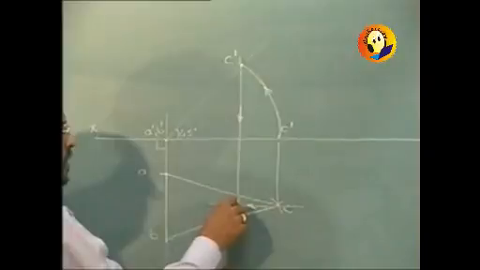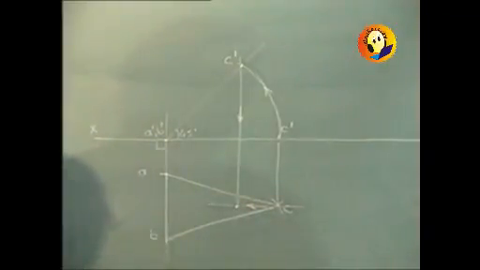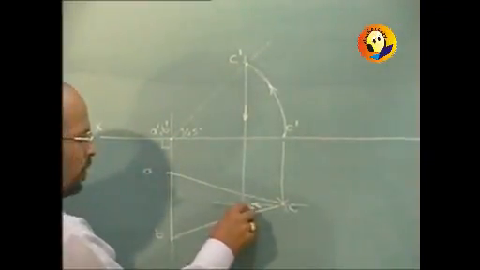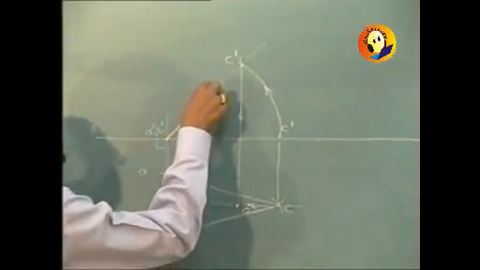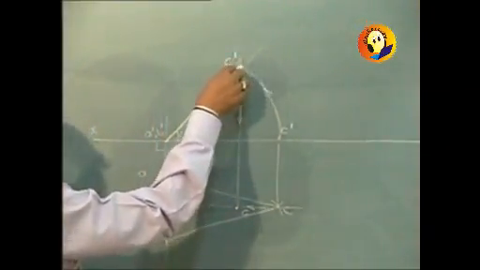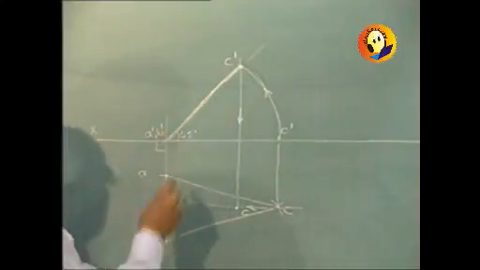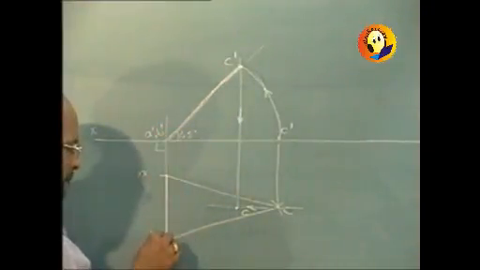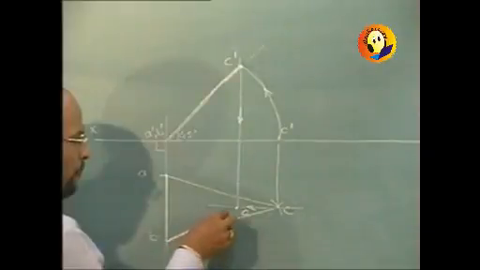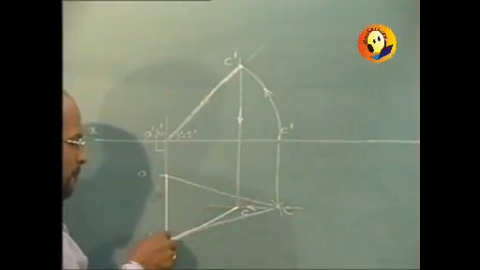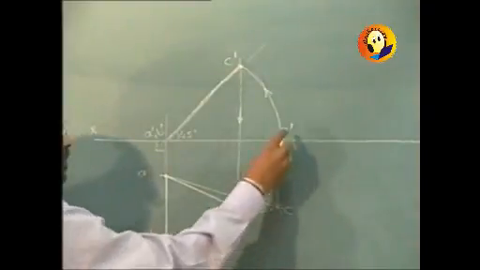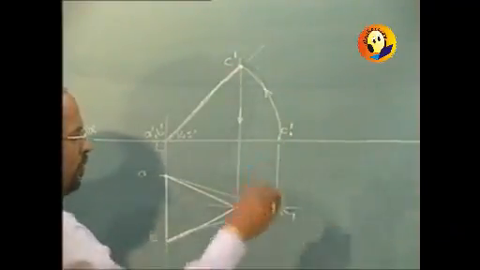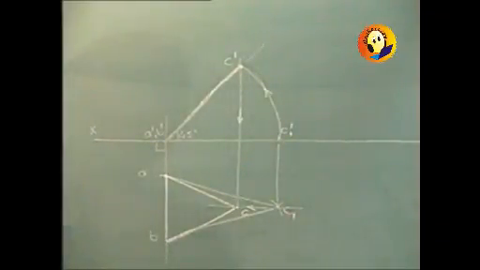Wherever it cuts the path we will get point C. And then we can finalize the elevation, which was the line view, and the plan. Of course, the original point C can now be numbered as C1 and C1 dash.